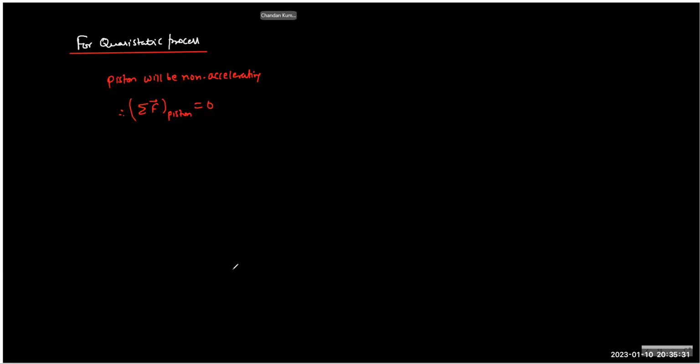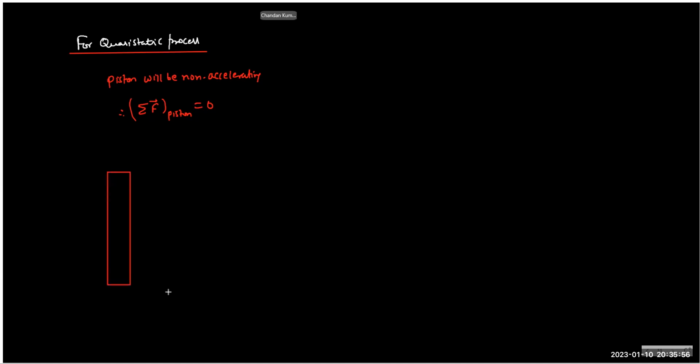In most cases, they will tell you that the piston is massless or whatever. But for a quasi-static process, you can always make the net force 0 to get the pressure. Okay. So P dV is very easy, but I'll show you some different orientation of the piston in which you have to think slightly more than P dV.